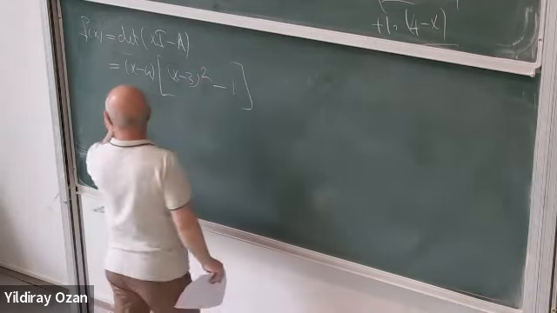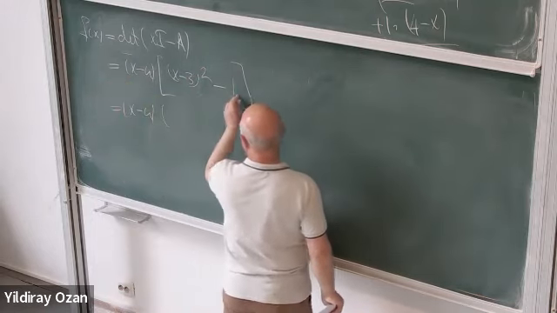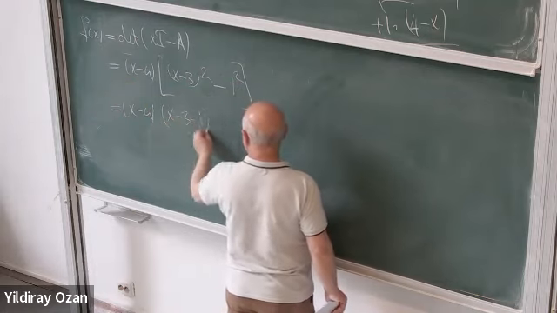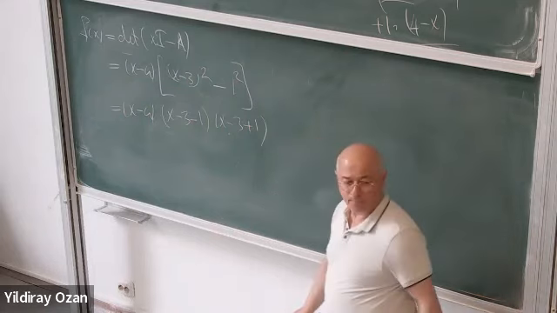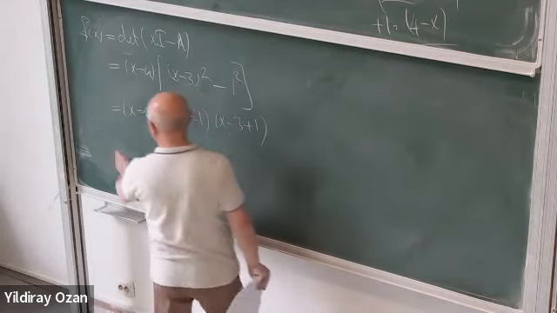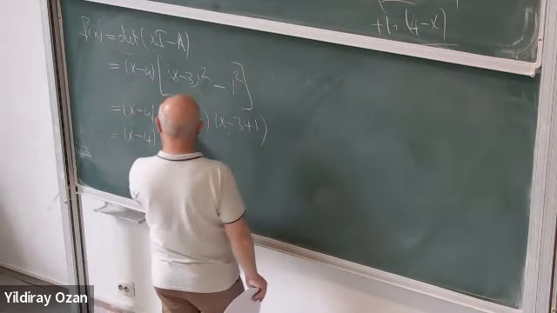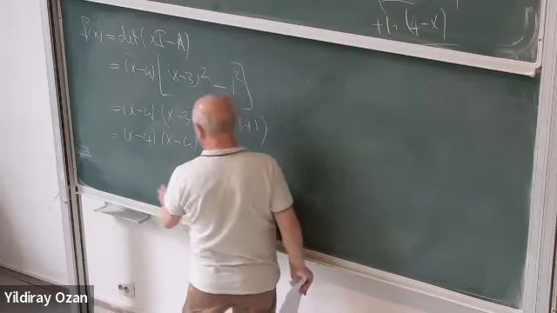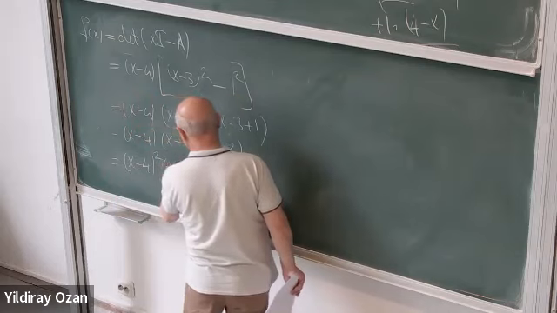I can just calculate this as the difference of squares, so x minus 3 minus 1, x minus 3 plus 1. Okay, so this is just x minus 4, x minus 4, x minus 2. So x minus 4 squared times x minus 2.